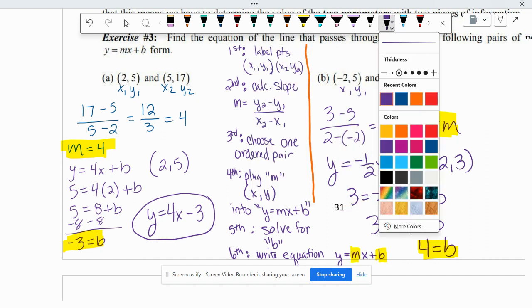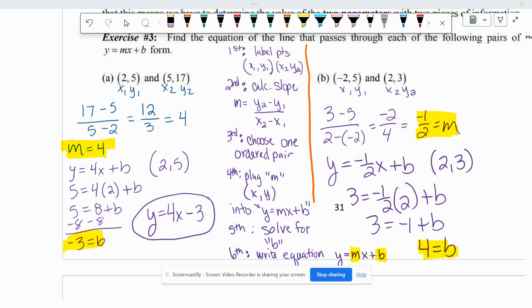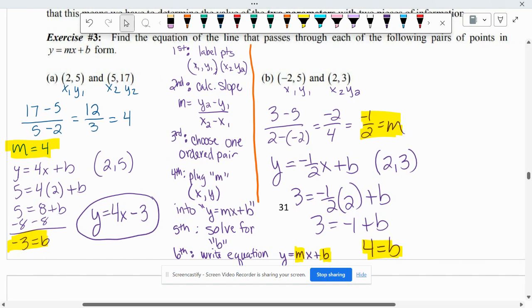Anyone have an equation for me? What are you doing? Front side or back side? First one or second one? I'm going to come over and check it.